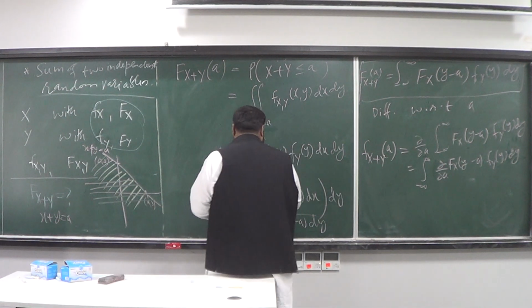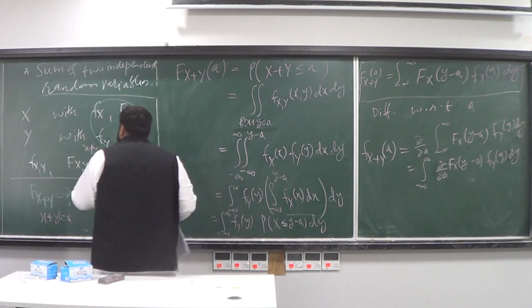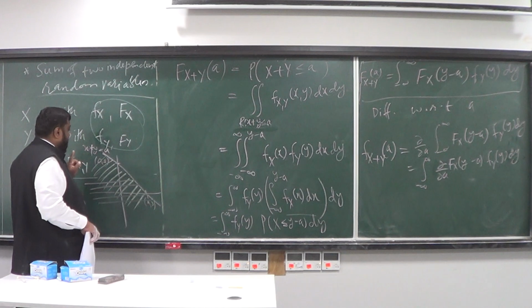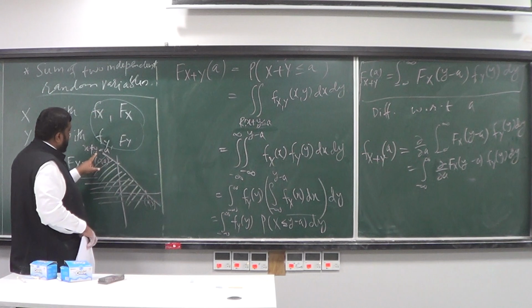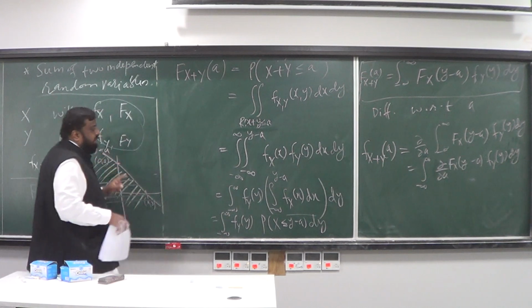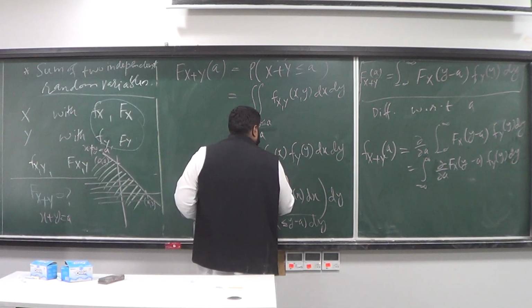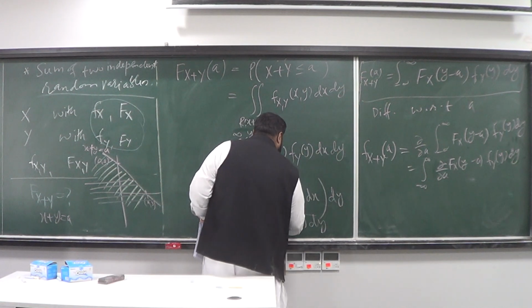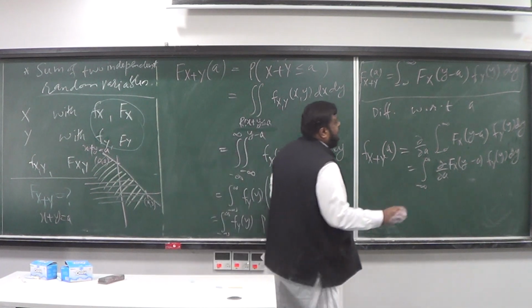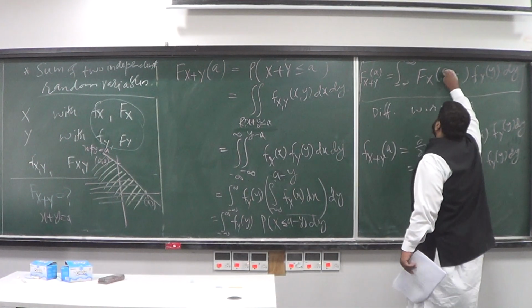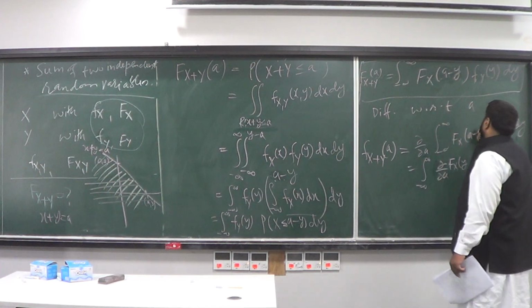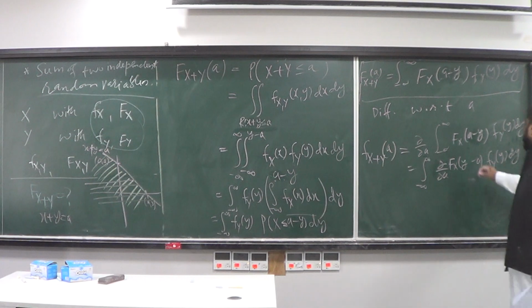Okay, so I made one mistake. There's a mistake in the limit. The argument of Fx on this line is not going to be y minus a, but it's going to be a minus y. So it's going to be a minus y everywhere, because this was bringing a difference of a minus sign.